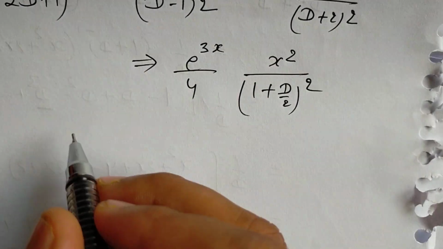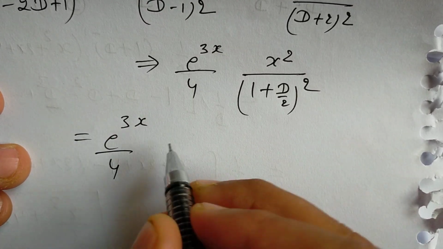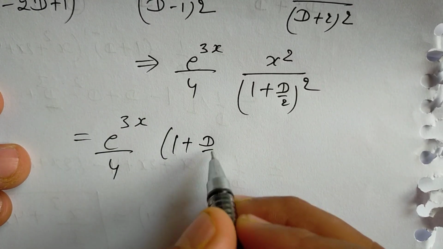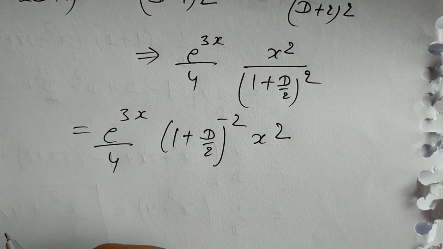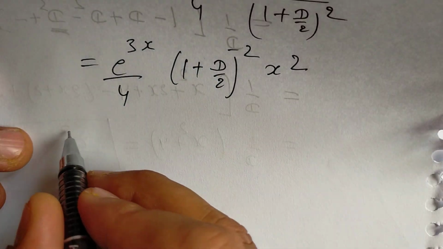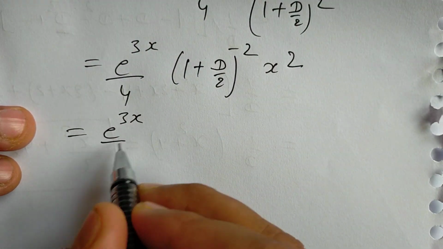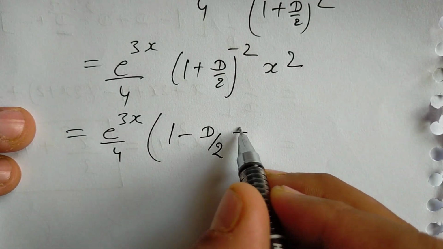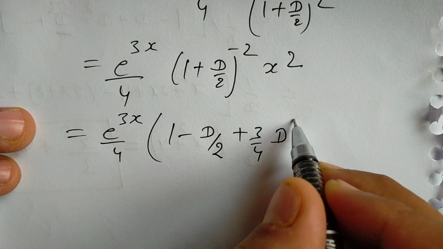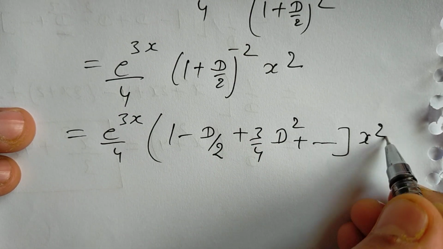Now we use the binomial expression, so e power 3x by 4 and 1 plus D by 2 power minus 2 on x square, which gives e power 3x by 4 times 1 minus D by 2 plus 3 by 4 D square and so on, acting on x square.